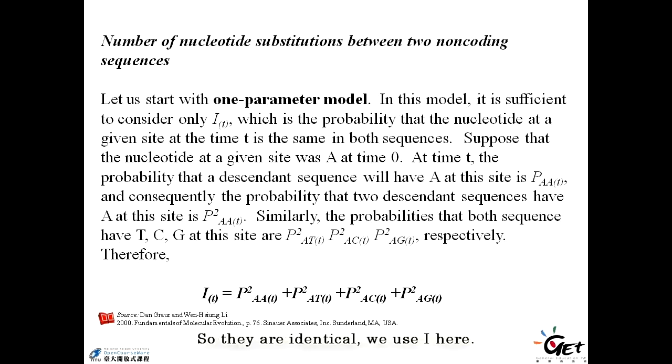So they are identical. We use I here. So they are identical at the observation time T. They are A, G, T, or C. So that's the observational. Then we say, okay, they are the same. So that's the I part.